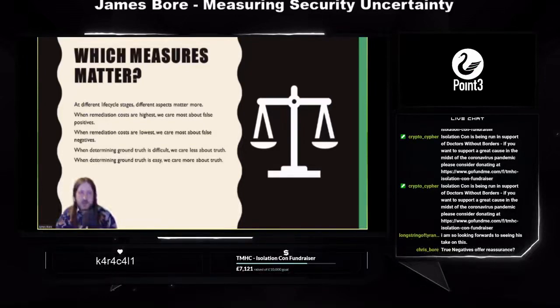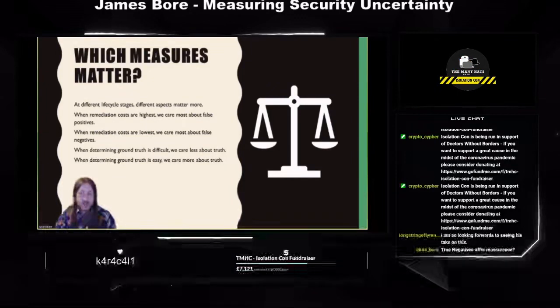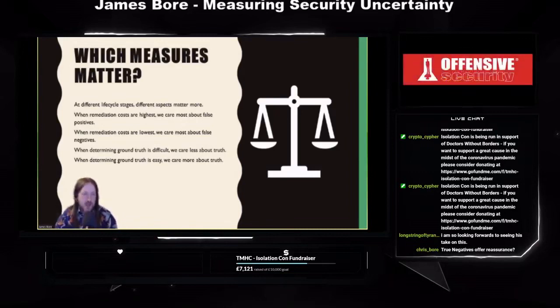We want to have as few of those as possible. If your false positive is going to lead to 48 hours of downtime for a system running through millions of pounds a day, you don't want a false positive in any circumstances. So remediation costs mean that we care about false positives a lot more.